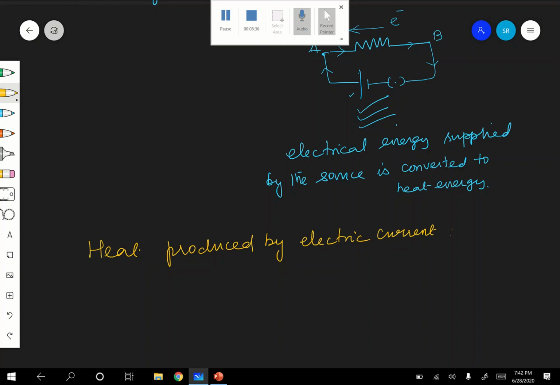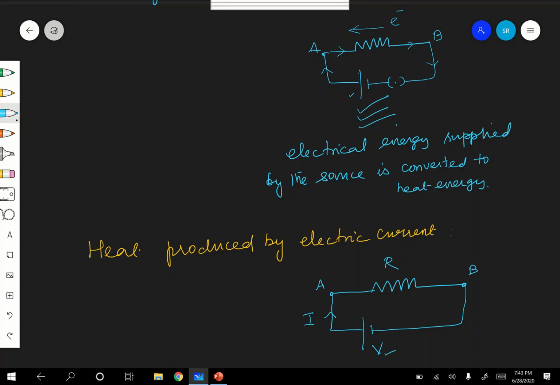Okay, now the same thing. There is a conductor having a resistance R. Here is a conductor and it is having a resistance R. I am applying a potential V. Because of that, it sends a current I. The two ends, let it be A and B. Therefore, the potential difference across R will be V only, no?